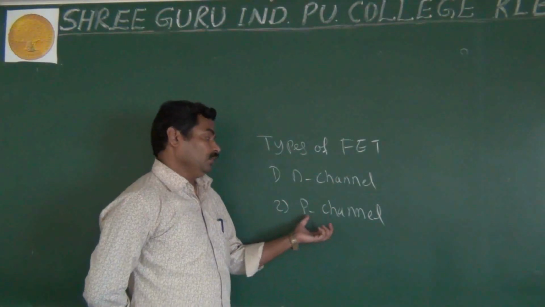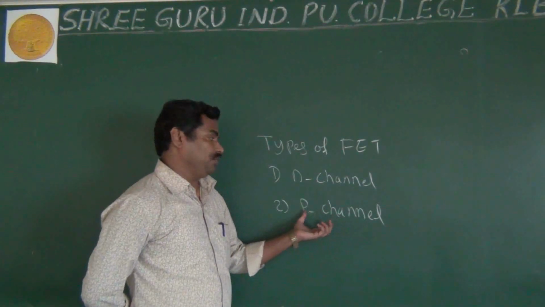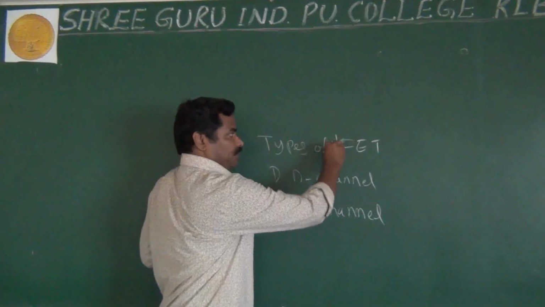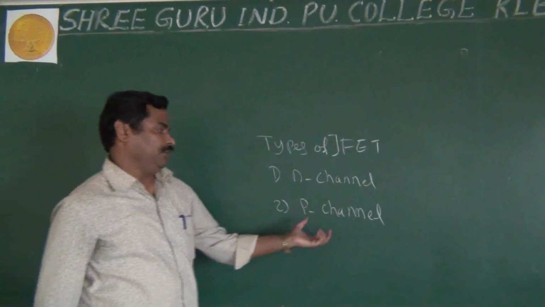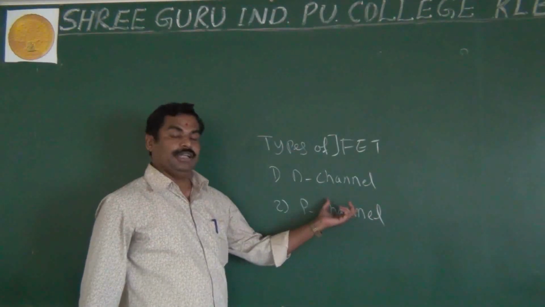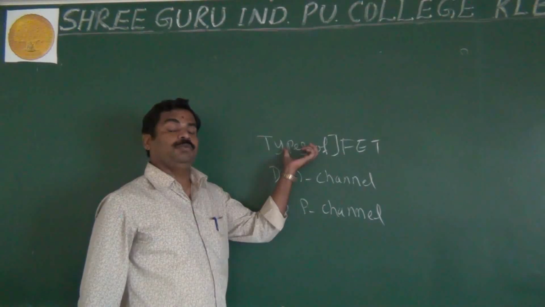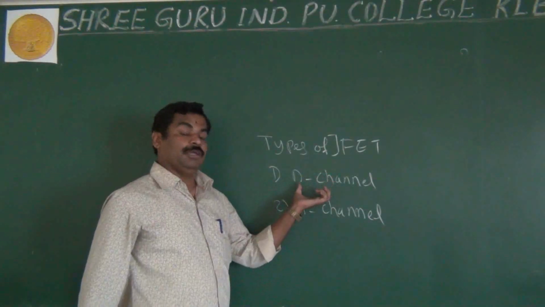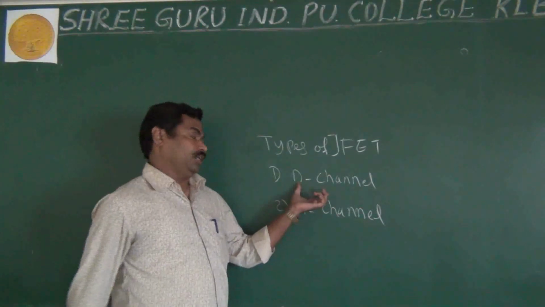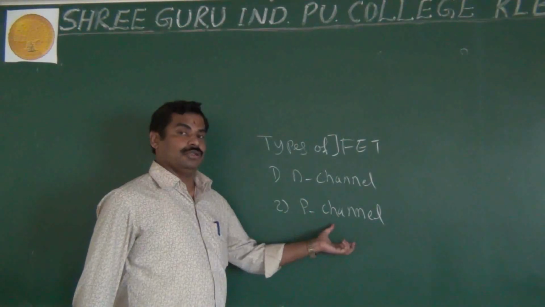In the same way, if you are using a P channel JFET, you are studying only JFET, the current is because of holes. That's why I said it is called a unipolar device, because current is only because of the majority carriers. It may be N channel, the electrons, or if it is P channel, the holes.